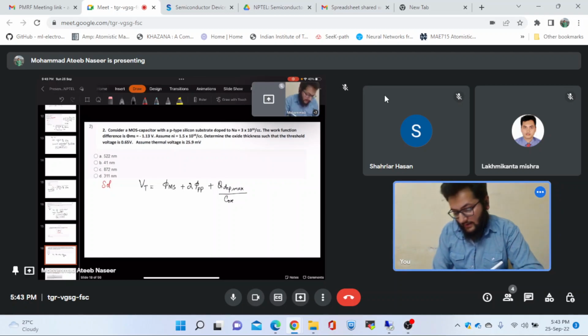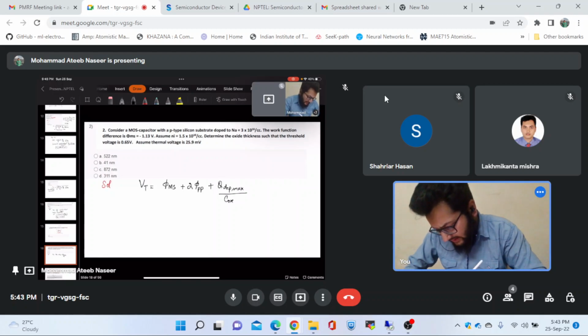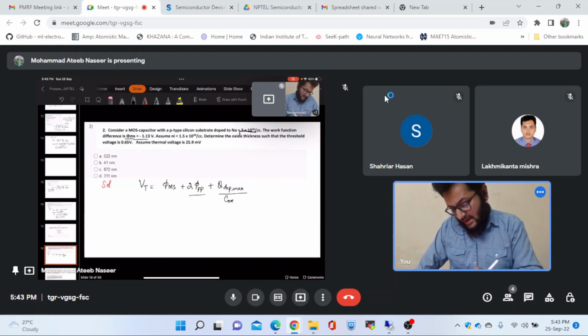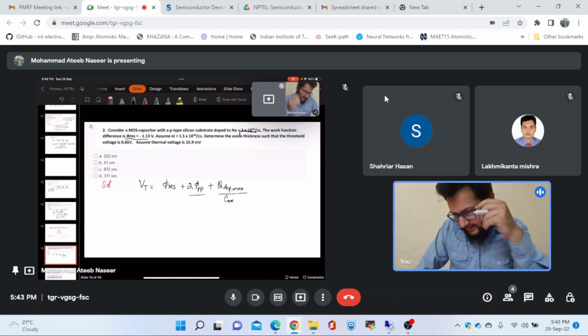So let me see what quantities I have been given. Phi ms is there, and 2 phi p I can find from the concentration, and Q dep should be calculated using the depletion width formula.